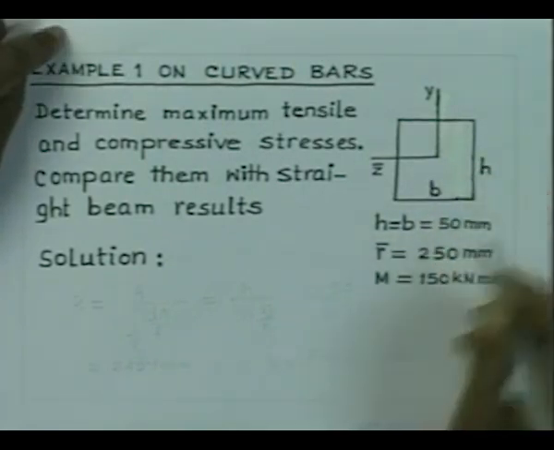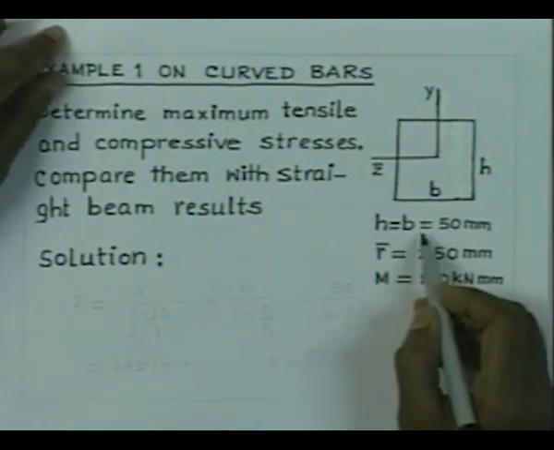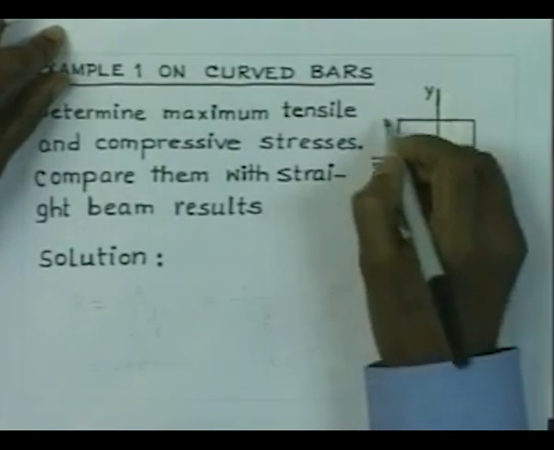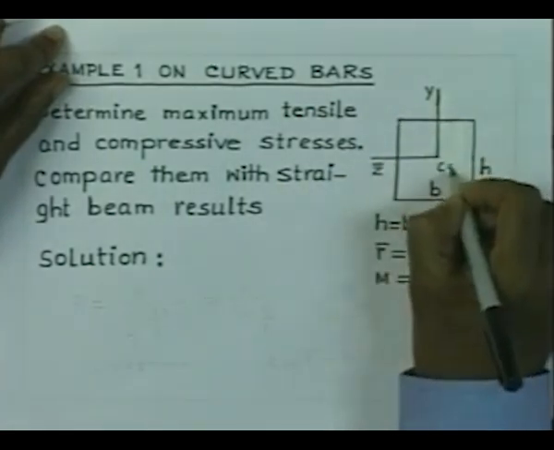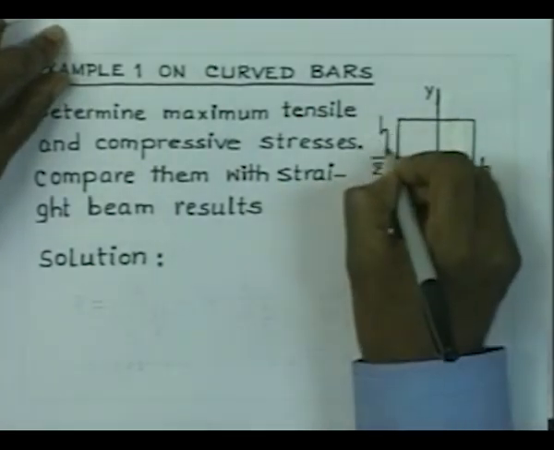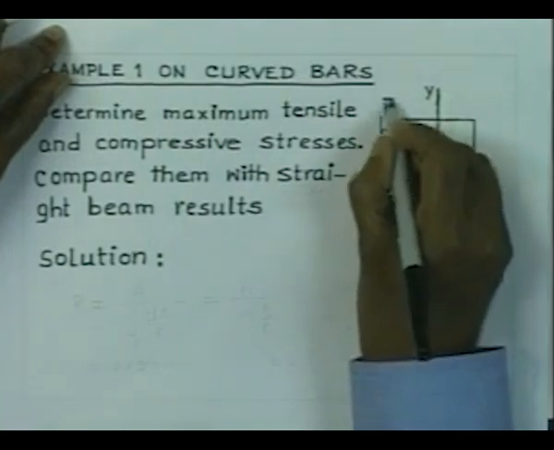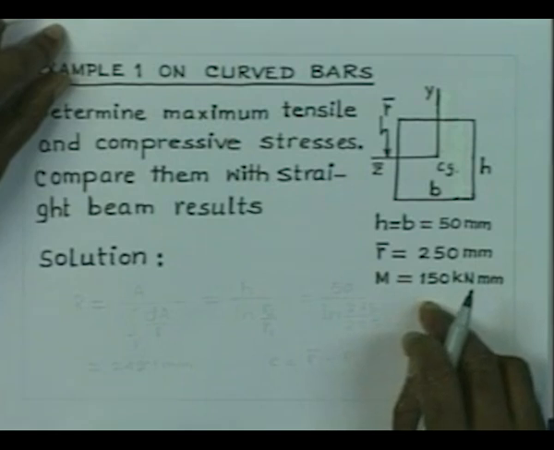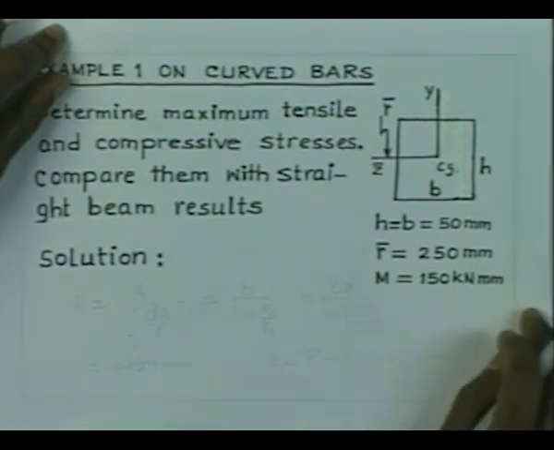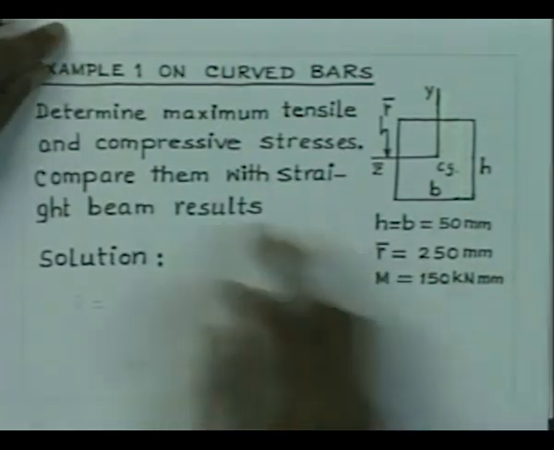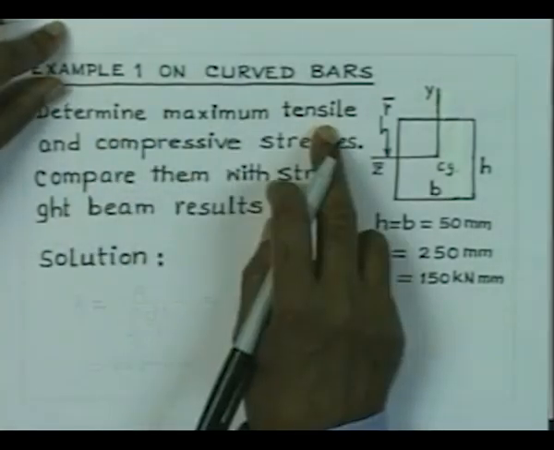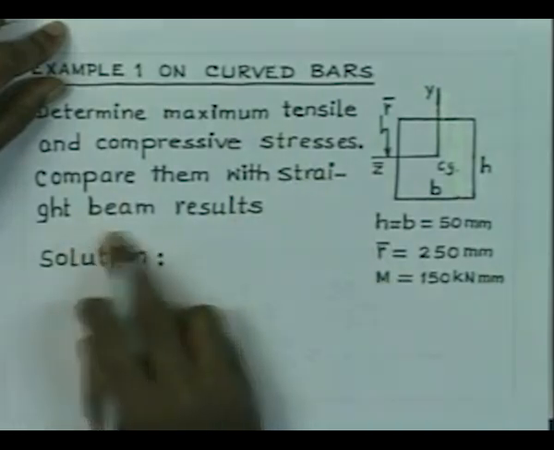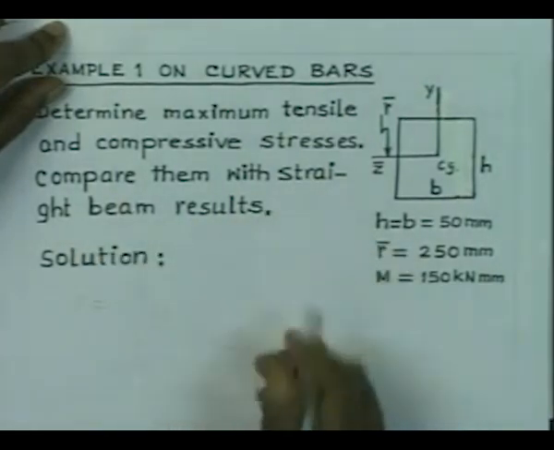So, it is a square cross section and the dimensions are h equal to b equal to 50 millimeter, and the radius of curvature of the centroidal axis, R bar, is given as 250 millimeter. The bending moment applied on the cross section is 150 kilonewton millimeter. So, determine the maximum tensile and compressive stresses in the cross section, compare them with straight beam results.